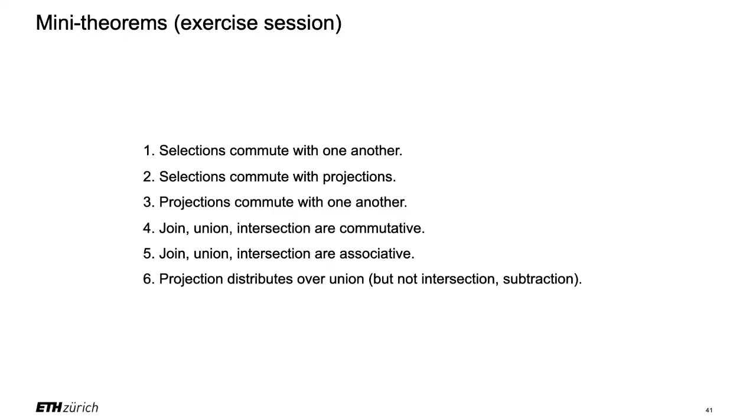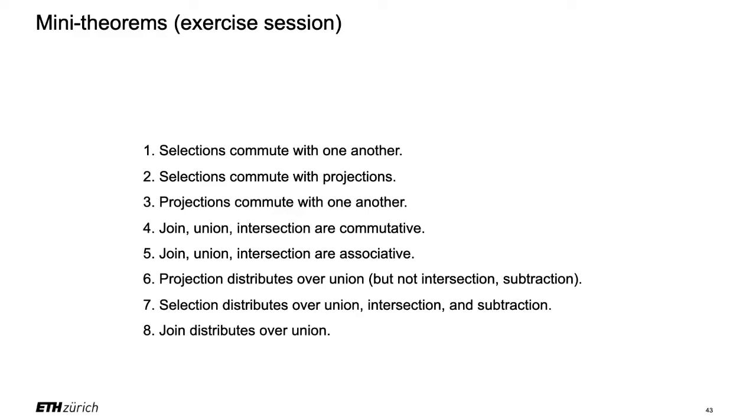So when we say projection distributes over union, it means that the projection of the union is the union of the projections, right? You basically project the two sides and then take the union. But it doesn't work on intersection subtraction. Selection distributes over union, intersection, and subtraction, interestingly. So if you take the selection of the intersection of two tables, it's the same as the intersection of the selection of the left and the selection of the right.